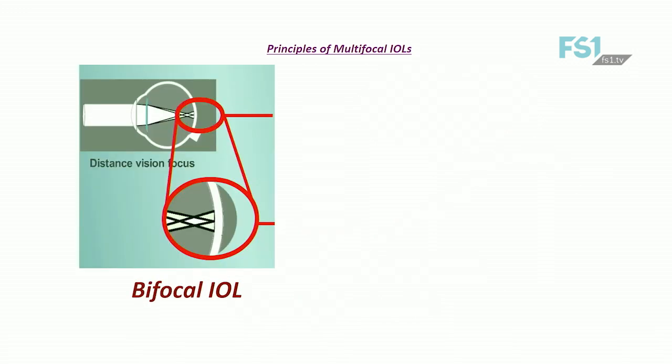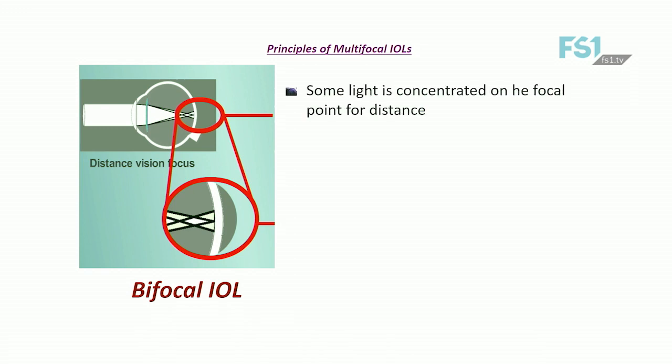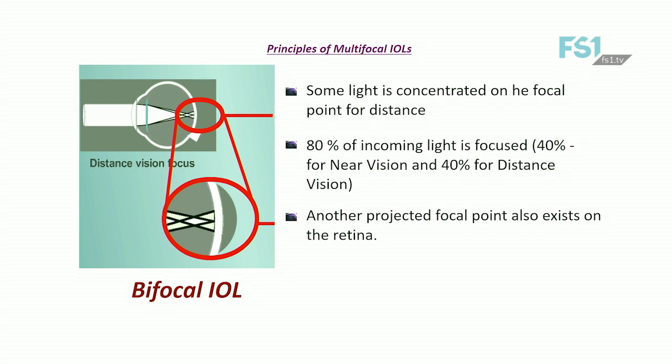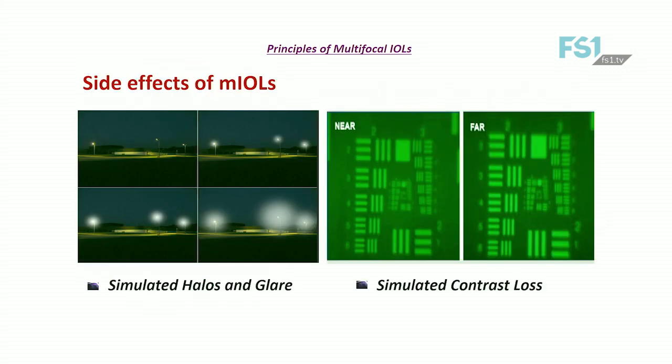So this is a bifocal IOL, which provides vision for distance and for near. Just some points about this bifocal IOL. Some light, as it's written here, is concentrated on the focal point for distance. 80% of incoming light is focused, which means 40% for near vision and 40% for distance vision. And another projected focal point also exists on the retina.